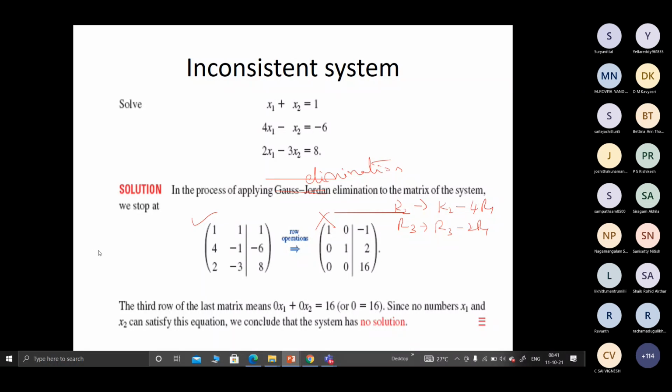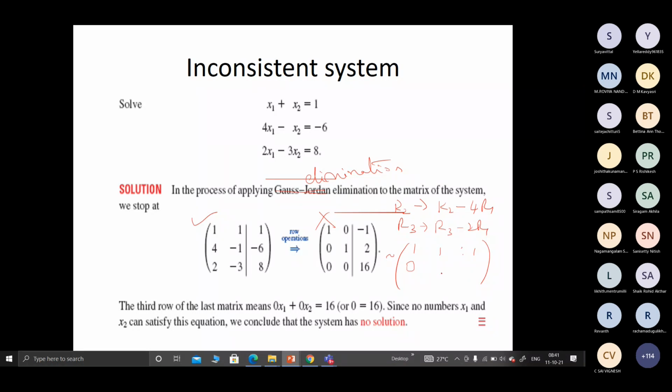So what will happen to this matrix? 1, 1, 1 as it is. No change. Second row, what will happen? Tell me. 4 minus 4, 0. Minus 1, minus 4, minus 5.